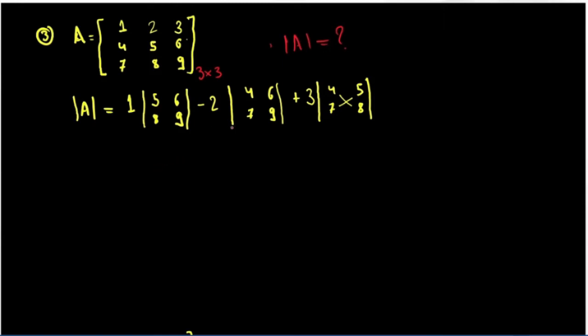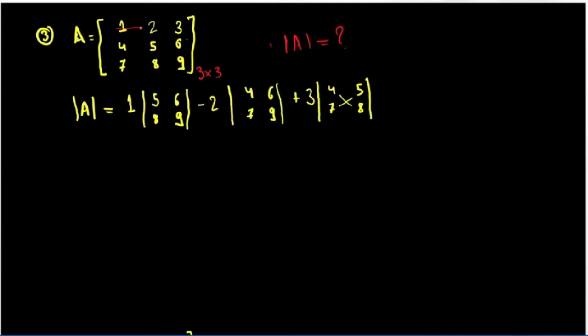So here what I will do, I will first take the first element of this matrix outside the matrix. That is, I will take 1 outside the matrix and then I will hide its respective row and column.